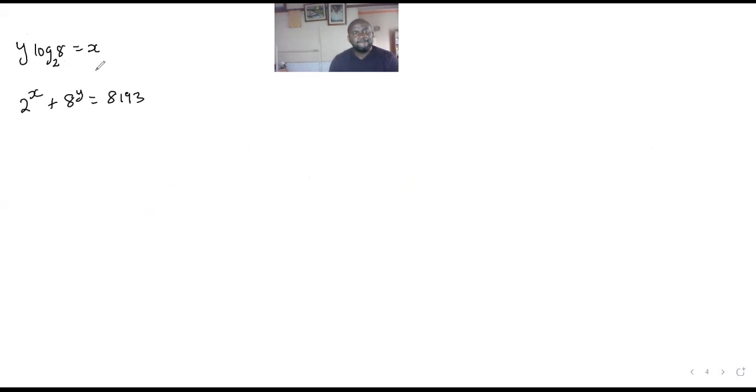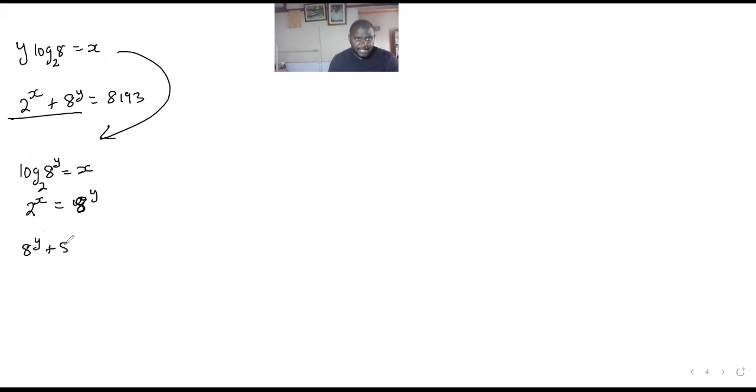Now, do you see that from this first one, you will have log to base 2 of 8 power y is equal to x. Therefore, 2 power x is equal to 8 power y. Therefore, from here, you can either deal with 2 power x or you can deal with 2 power y. So I can start with 8 power y plus 8 power y.